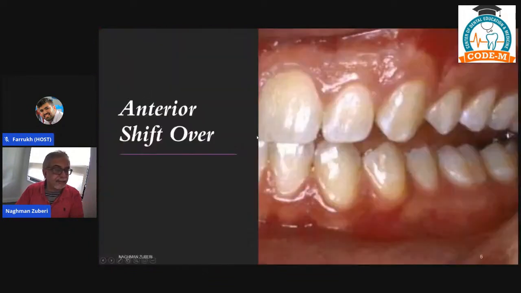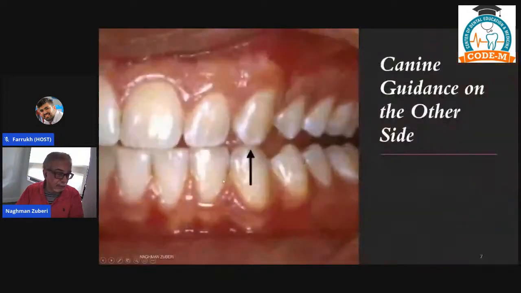Anterior guidance, then the anterior shift over, and we are converting the previously positioned balancing side; it will now be the working side. The previous working side is going to be the balancing side now.